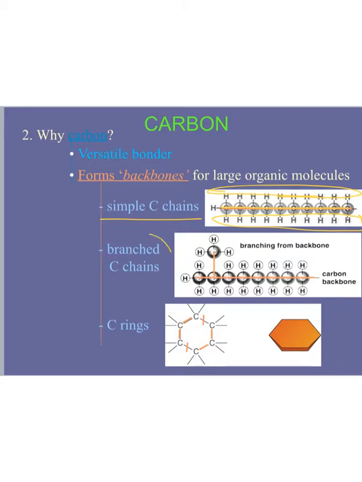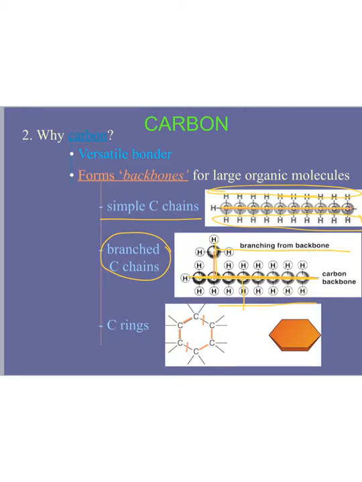We can also have these branched carbon chains. So again, here we have our simple carbon chain, which is a long straight chain of carbon, but then we have a branch coming off. And now we could have another simple chain here, another carbon backbone. We could have another branch maybe coming off here, and we could have another carbon backbone. So you can see how these molecules could get very, very large.